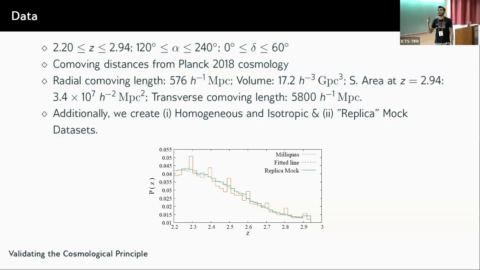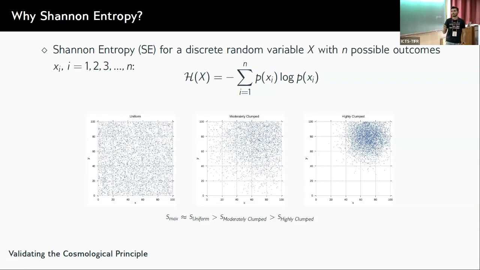Okay. Why Shannon entropy? So this is the formula, just the form of Shannon entropy. Shannon entropy is maximum for uniform distributions, and as the distribution gets clumped or clustered, the Shannon entropy decreases.